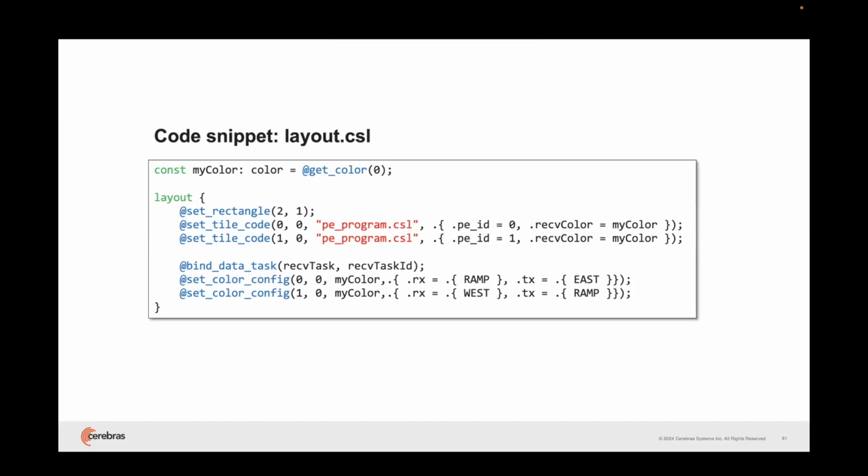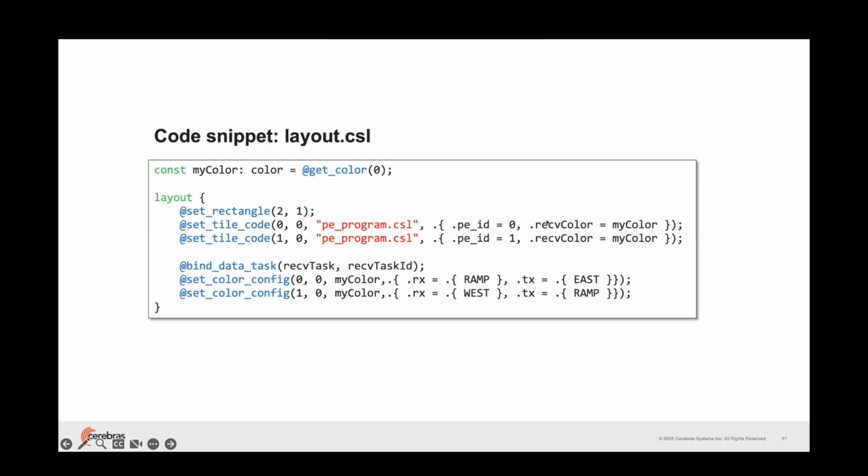So in this case, I have some file named peprogram.csl, which I'll show on the next slide. This set rectangle call is saying that the program that I'm writing is going to use a 2x1 block of PEs. So that's 2 columns and 1 row. So just 2 PEs side by side. Each of those PEs is going to have the file peprogram.csl assigned to it.